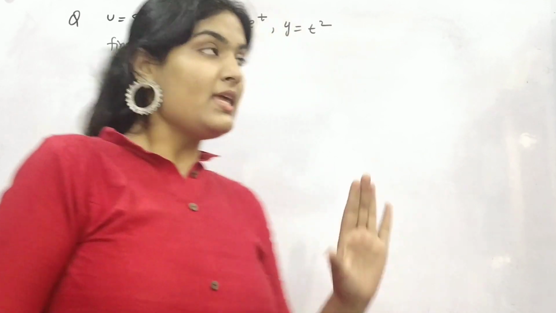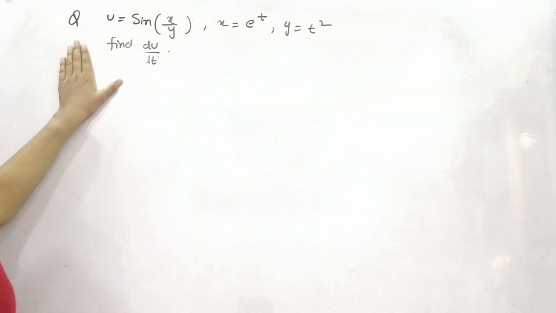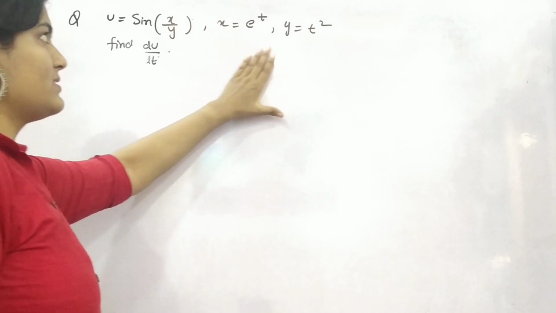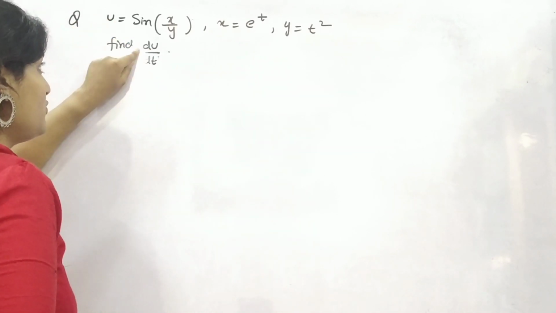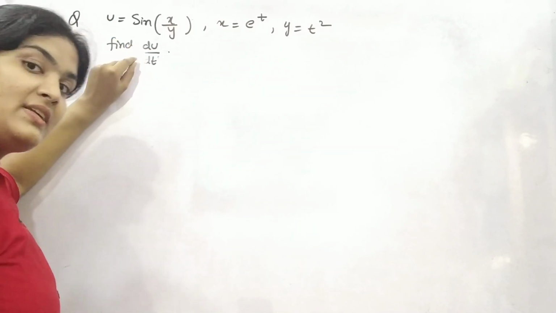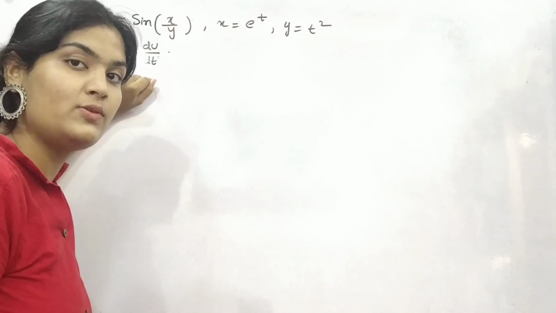Let's see. Here is an example given to you, where u is this, x and y are given to you, and you have to find the total differentiation of u with respect to t.